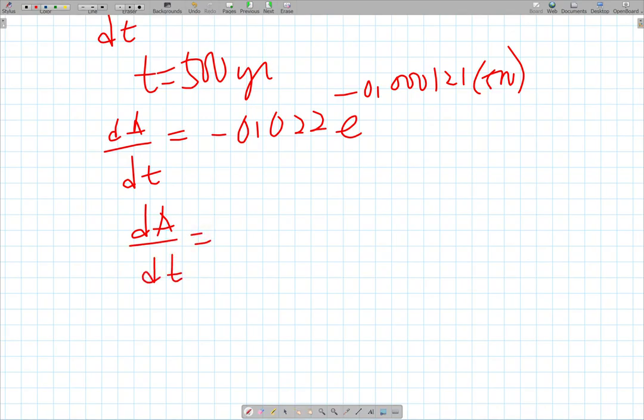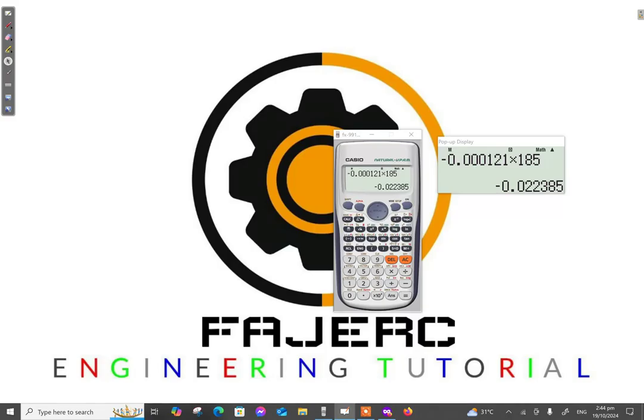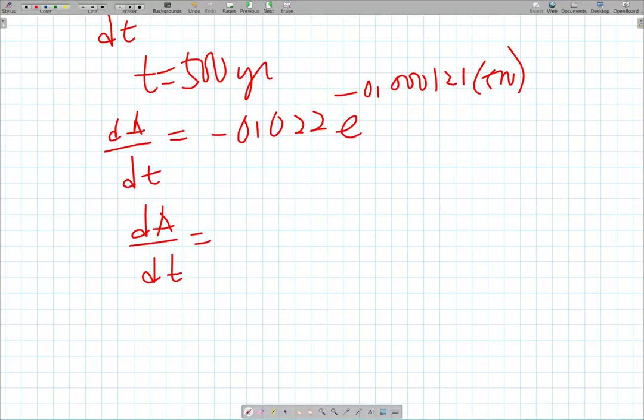Okay? So, ang dA over dt natin, using calculator, I take the picture. Negative 0.022 times E exponent. Ano kanyang exponent?